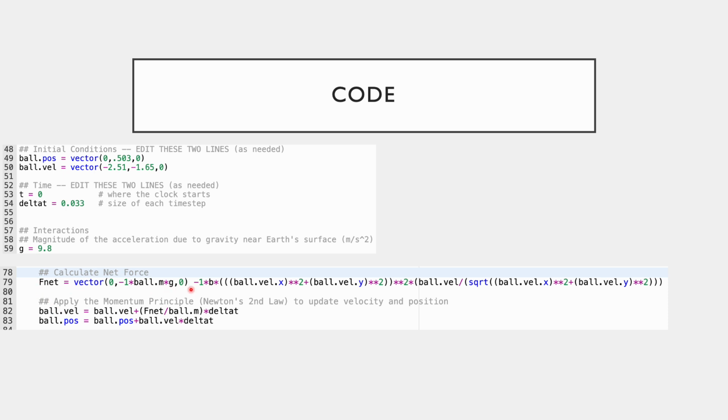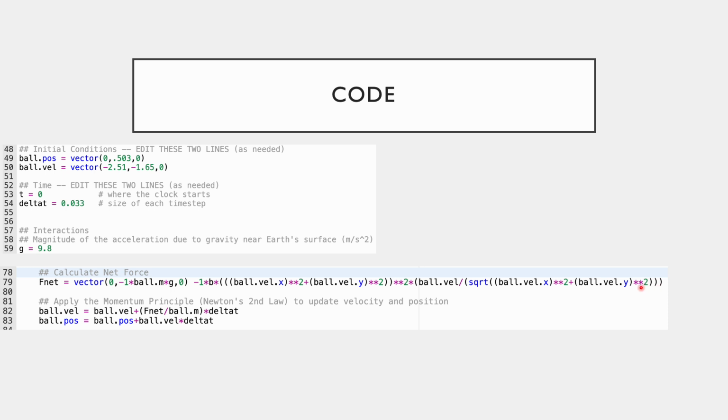This first part of our FNet equation is the force from gravity, which is simpler to see than this second part, which is quite long and an extensive way of showing the calculations for the drag.